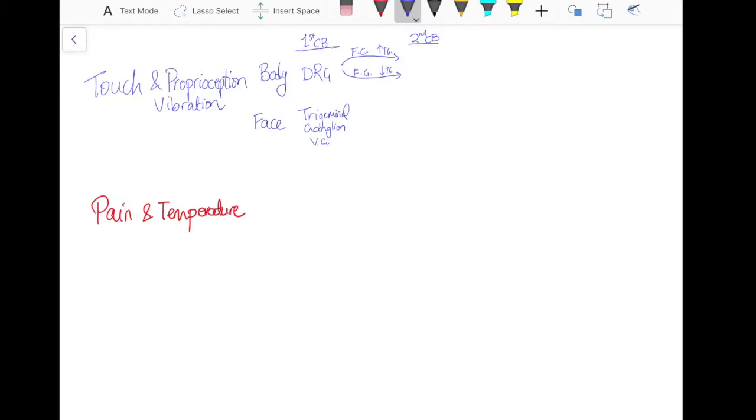So for the body, from the dorsal root ganglion, it comes up through the fasciculus gracilis or cuneatus, and it will synapse up top in the nucleus gracilis and nucleus cuneatus in the medulla. So it will travel up to the medulla and synapse at the nucleus cuneatus or nucleus gracilis.